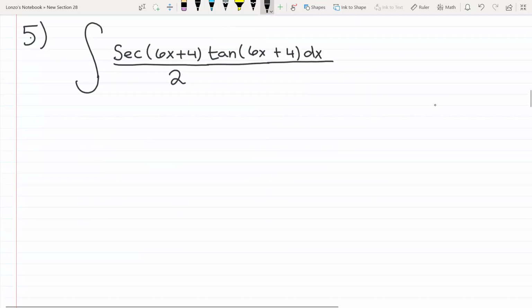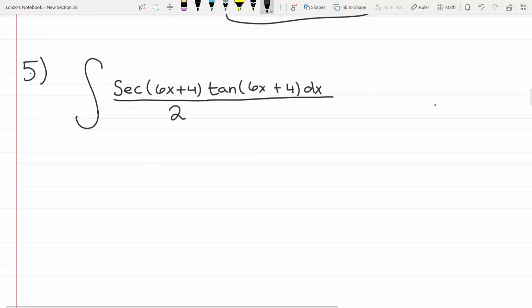Okay, next one. We have the integration of secant of 6x plus 4, tan of 6x plus 4. I most likely will use u-substitution, but before I do my u-substitution, can we take out a constant? Yes. This has an invisible 1, and on the bottom is the 2, so we can factor out a 1/2.